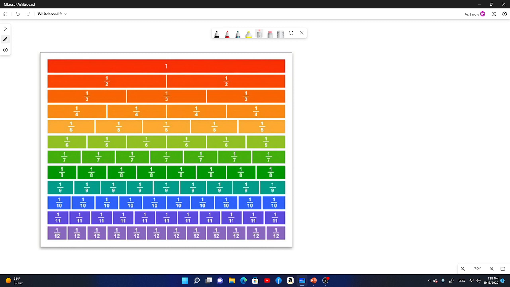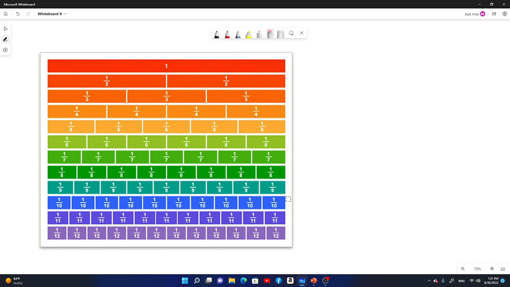We have 1 whole, 1 half, 1, 2, 3 thirds, 1, 2, 3, 4 fourths, 1, 2, 3, 4, 5 fifths, and so on.